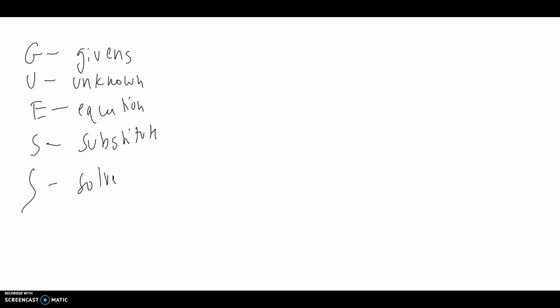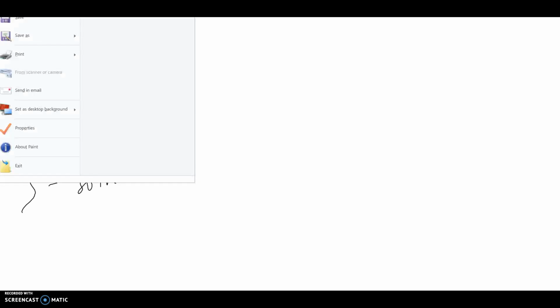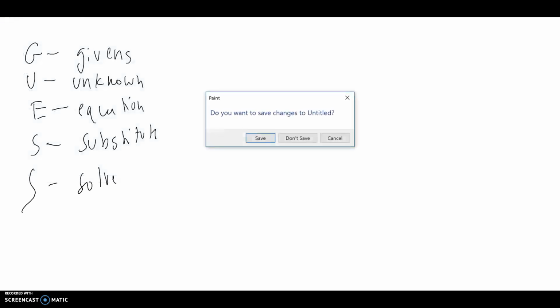So let's look at some basic problems, and I'm not going to put them in a written out problem just yet. We're just going to go through some basic steps so that you understand how these equations are used, and once I go into the real world examples, I'll give you a full problem, and you'll have to take out the givens and the unknowns from it. So just for now, I'm just going to give you the givens like this.